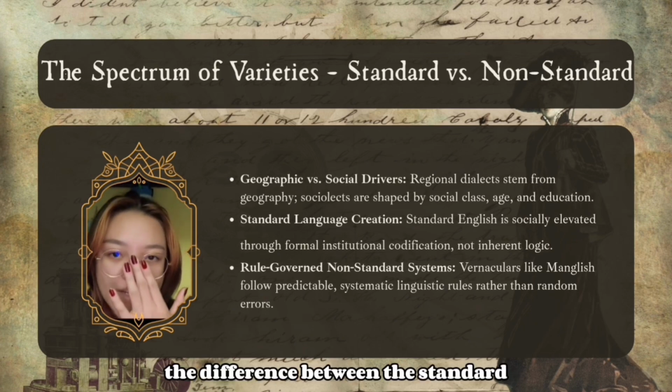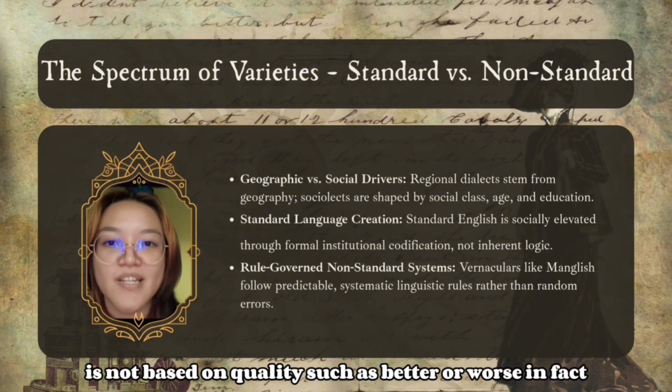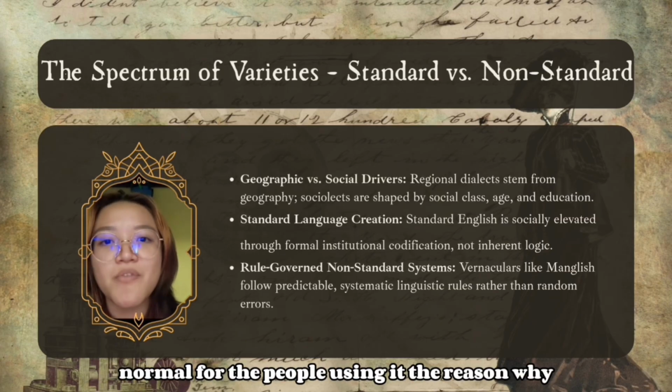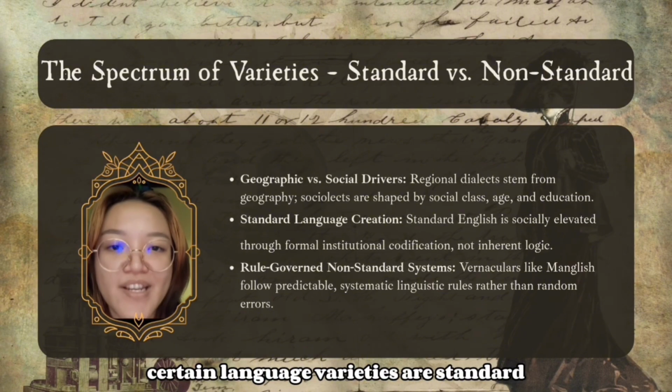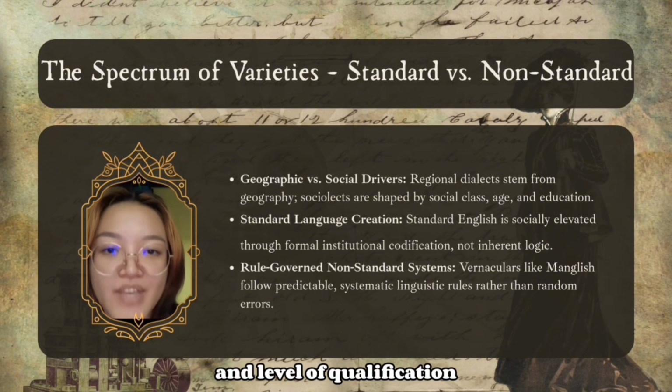The difference between the standard and the non-standard variety is not based on qualities such as better or worse. In fact, any language variety is perfectly normal for the people using it. The reason why certain language varieties are standard is due to higher social status and level of codification.